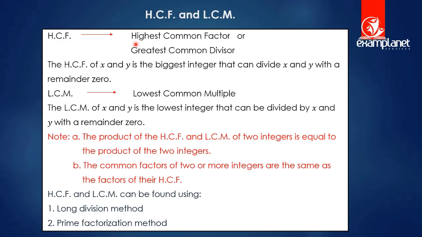Alright, now we have HCF and LCM. HCF means highest common factor or greatest common divisor. The HCF of x and y is the biggest integer that can divide x and y with a remainder of 0.